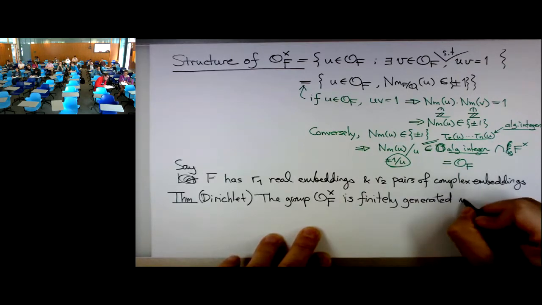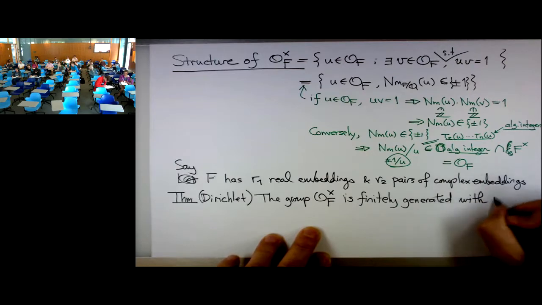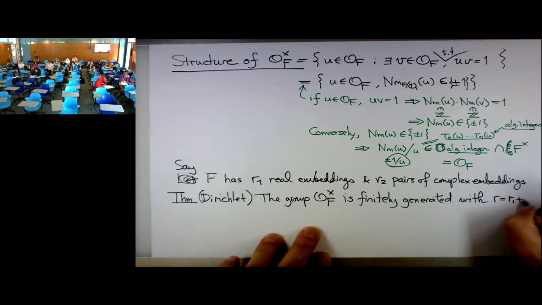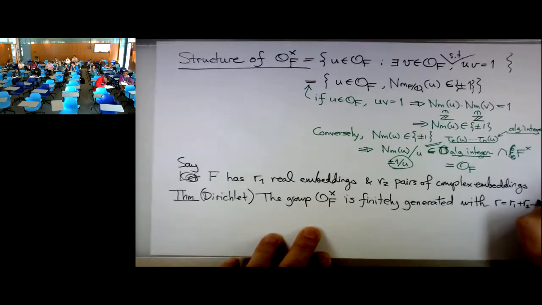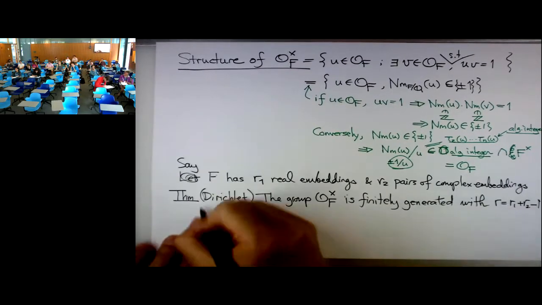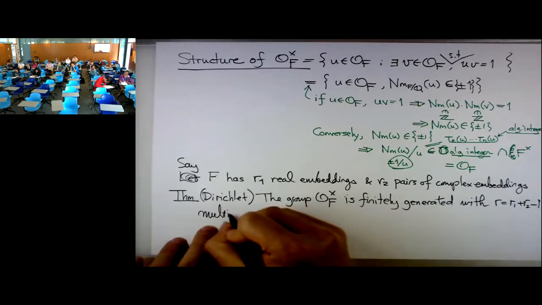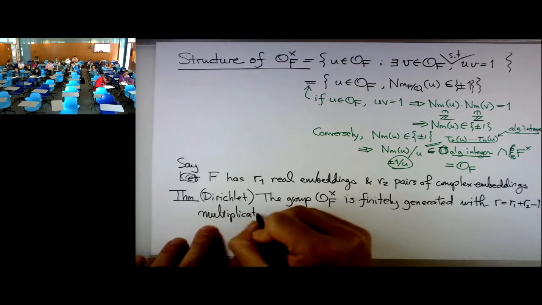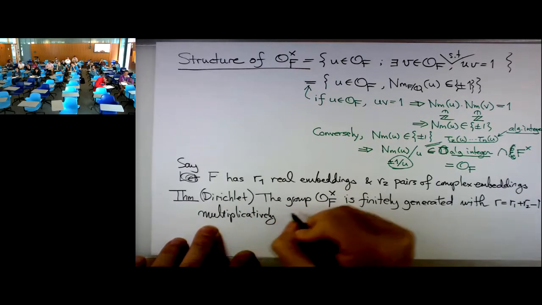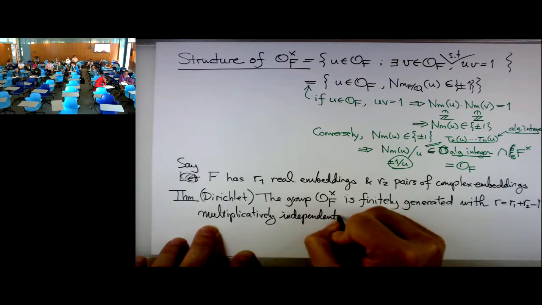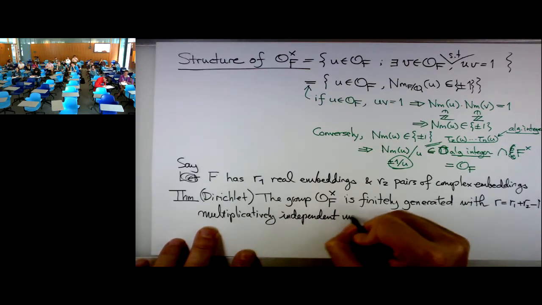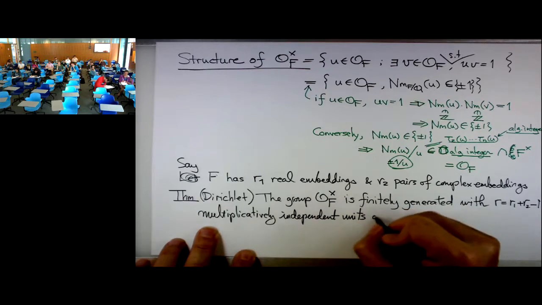With, you can find at most R1 plus R2 minus 1, let me write it multiplicatively, let me finish writing, multiplicatively independent units of infinite order.